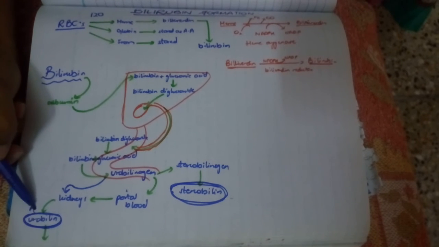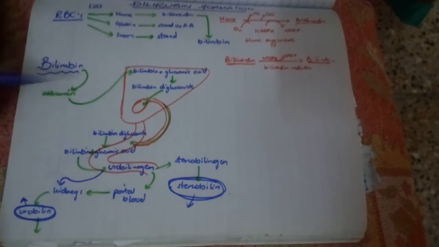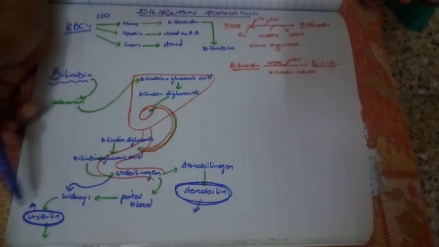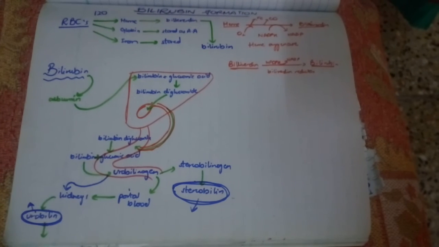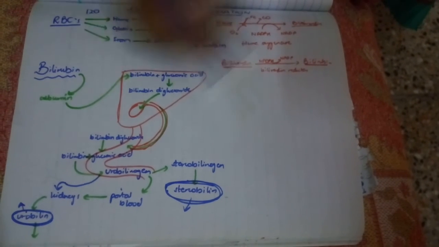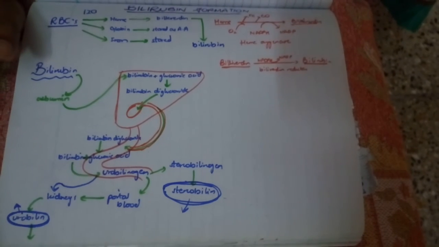In the absence of this component, urine color is lost, and in the absence of stercobilin, the color of stool is lost. In this way, the whole of the bilirubin is excreted from the body in the form of stercobilin and urobilin. A very important MCQ again: what are the excretory forms of bilirubin? These are stercobilin and urobilin. Never is bilirubin excreted in its own form.